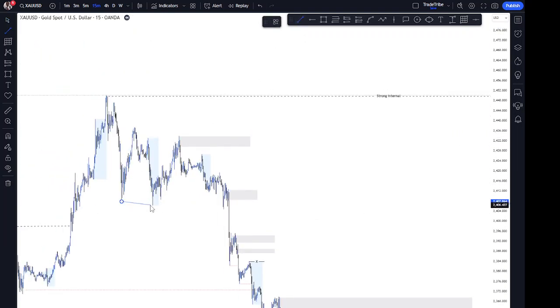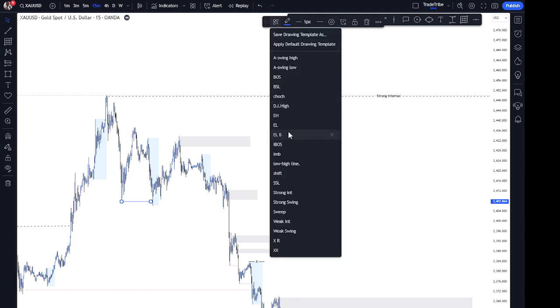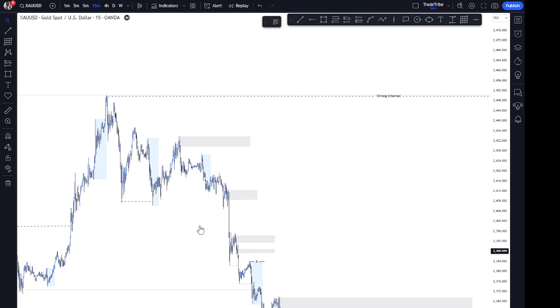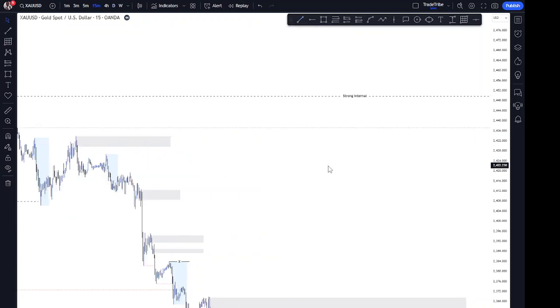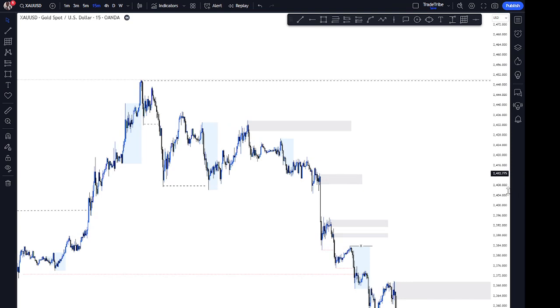We had a choch here inside here, this low here, and it is not clearly visible, so I'll try to zoom it.